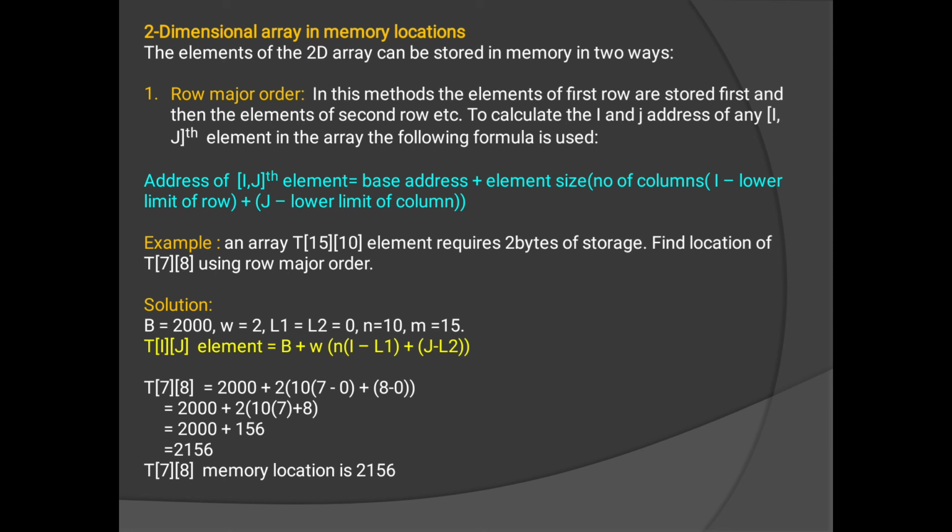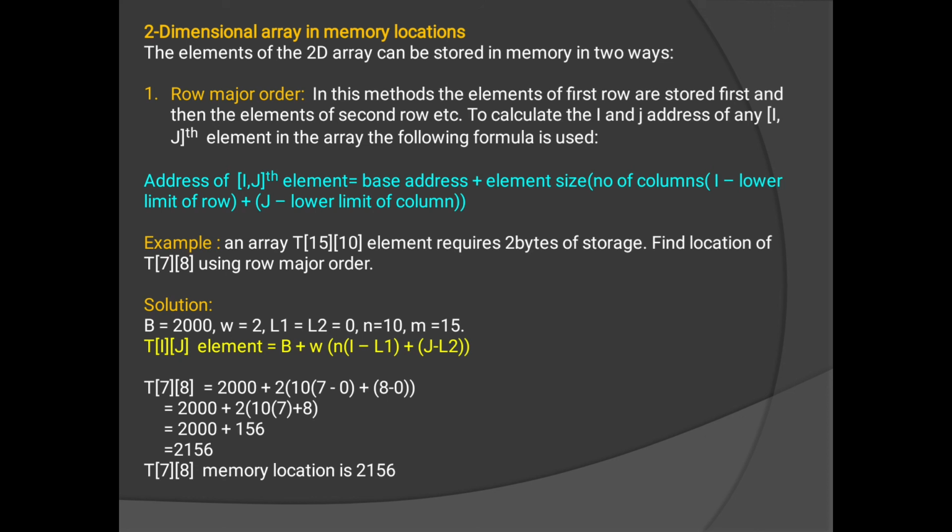So here's the solution. B, the base address, is assigned the value 2000. W, the memory word size, is assigned the value 2 bytes.